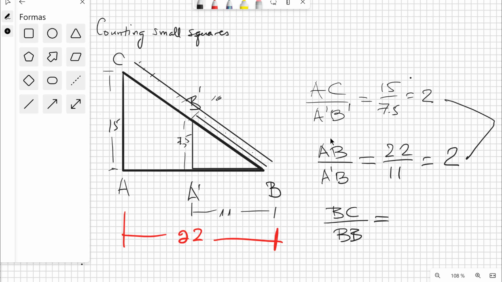And I say 1, 2, 3, up to 22. Let's suppose it is 22.